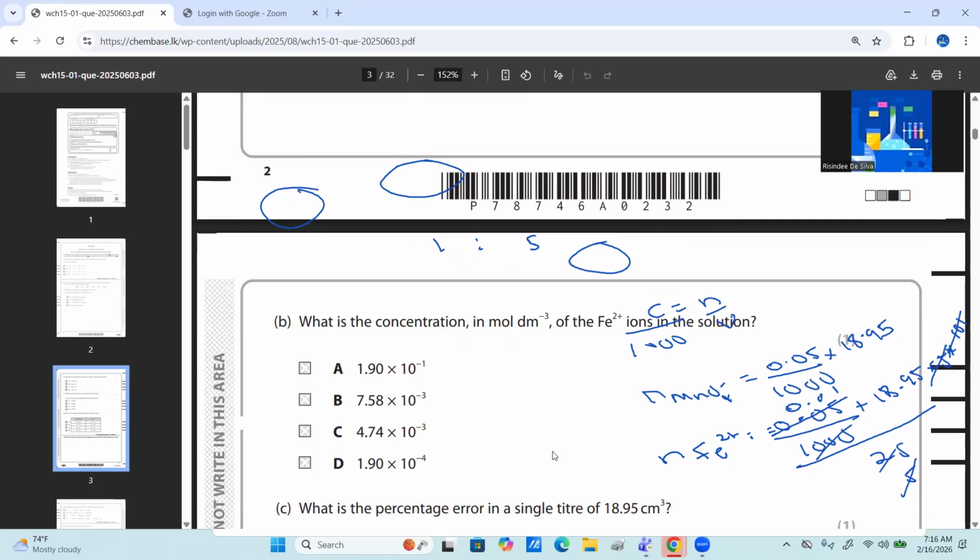So we have to see the number of decimal places correctly. So the correct answer is 1.9 into 10 to the power minus 1.